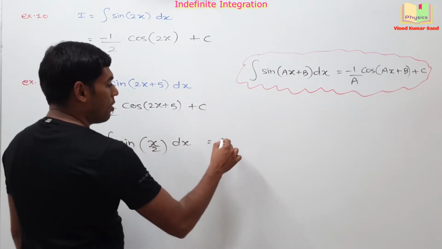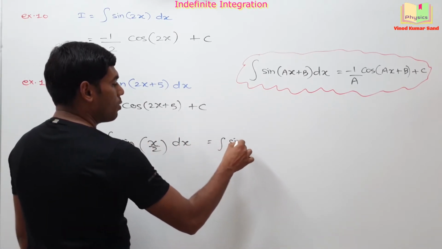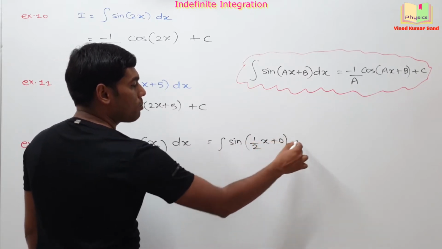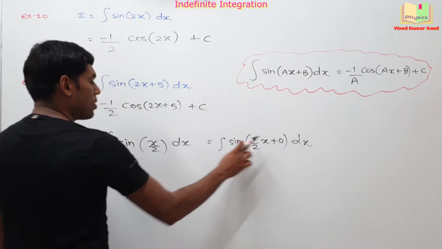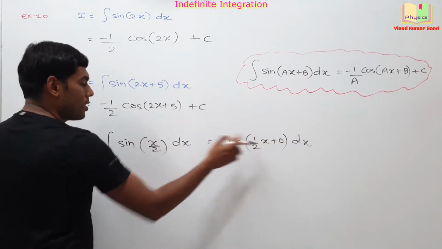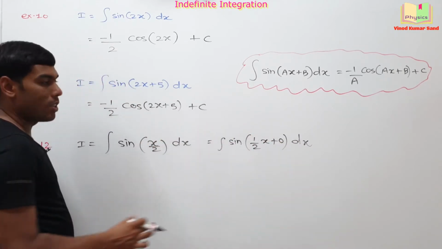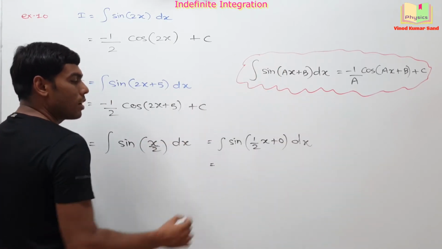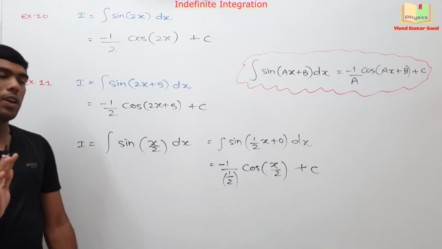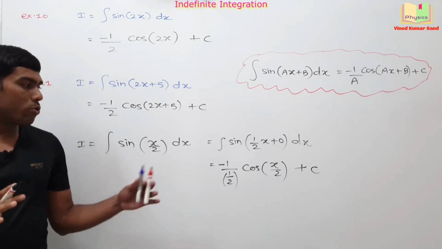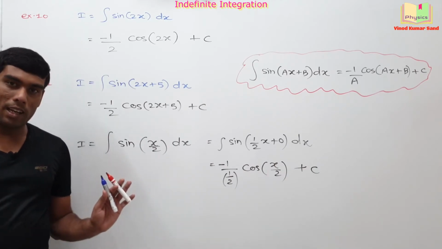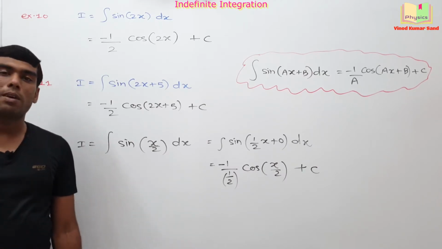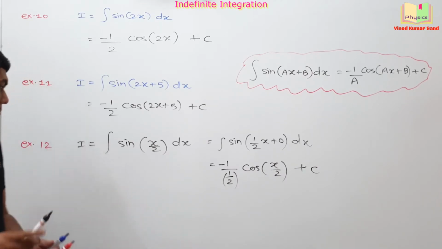You can think it of as you have to simplify a x plus b, where a is 1 by 2, x is x only, and the b is 0. Now you can easily compare the things. What should be your answer? Okay, so if you know the formula, you can simplify anything. Note it down, then we'll be taking up example number 13.